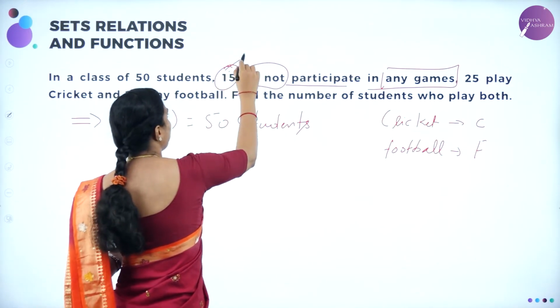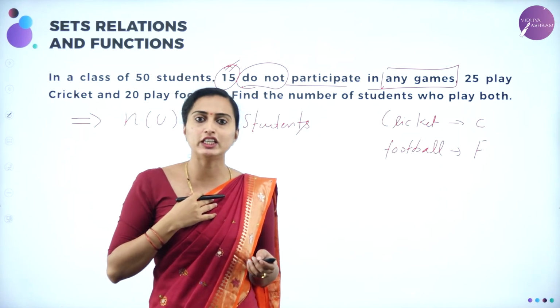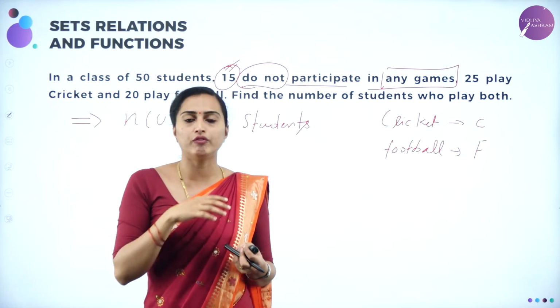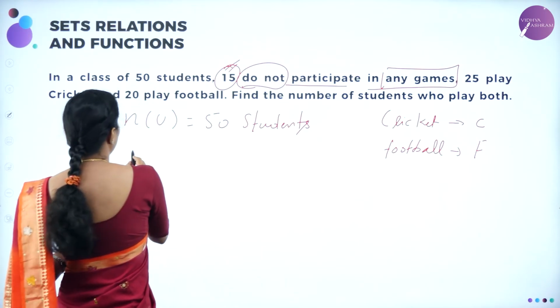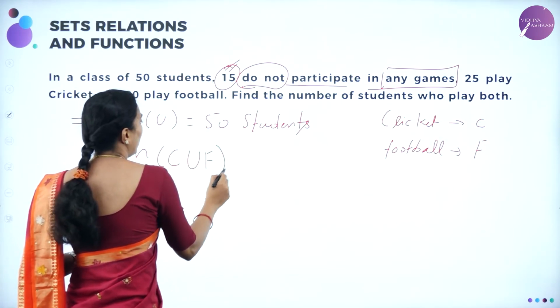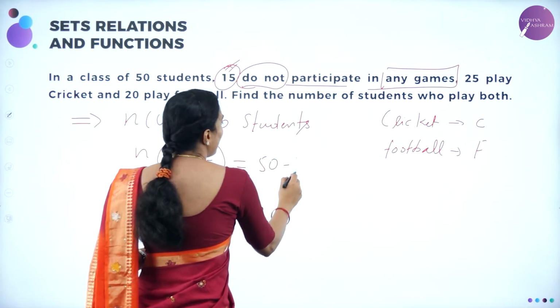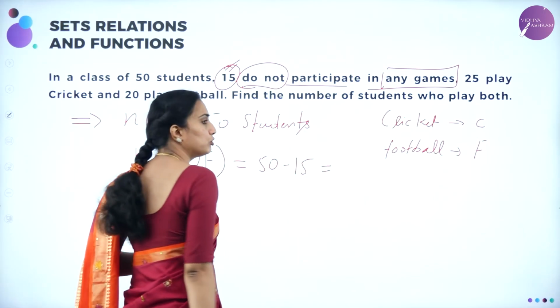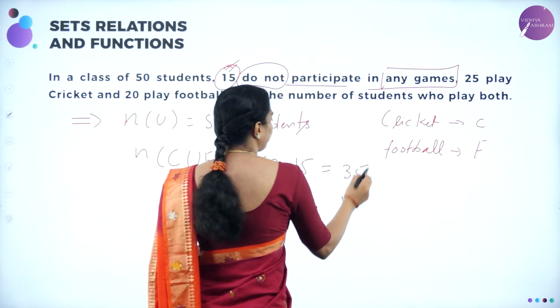Those who do not play, we need to subtract from the universal set. That will give you the union of the set where all the students play, isn't it? Therefore n of cricket union football, where all the students play, is equal to 50 minus 15, which is 35, isn't it?